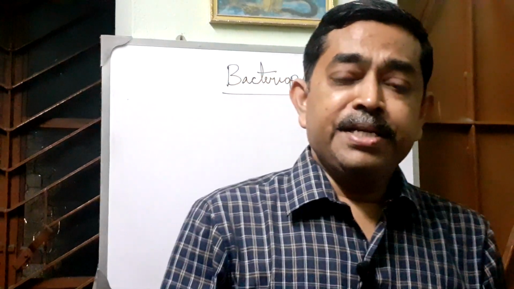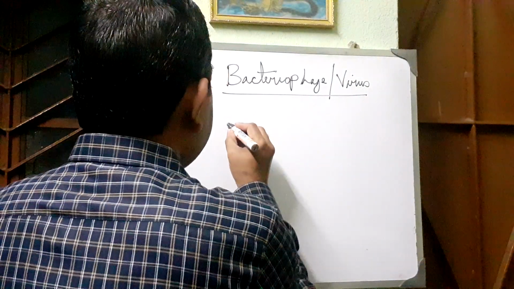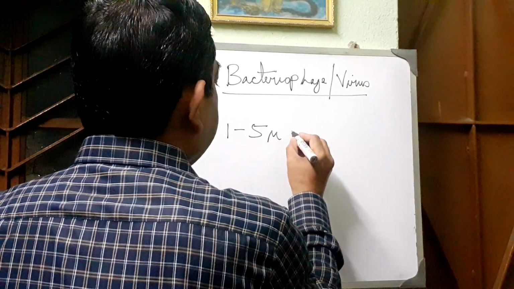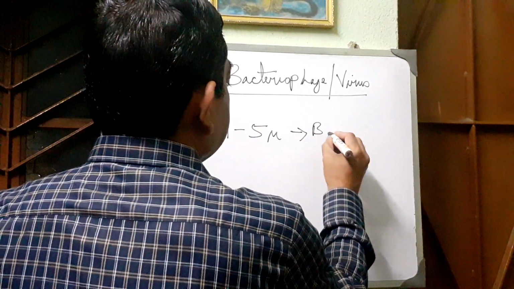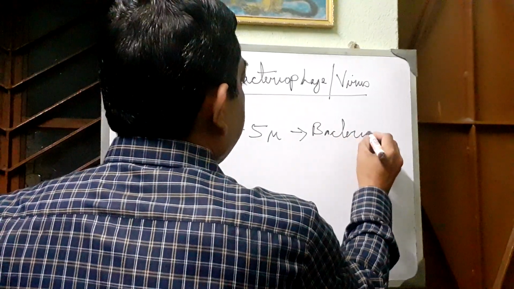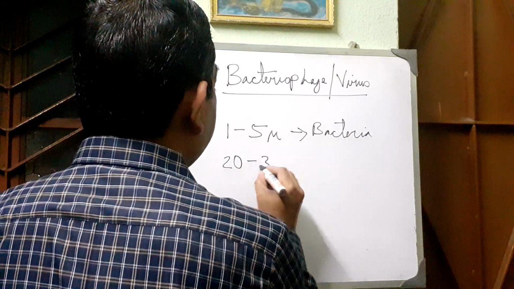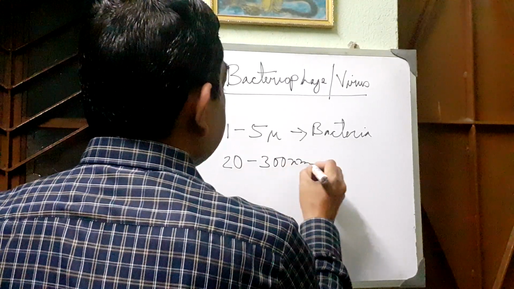I have told that a virus is a very microscopic agent. Bacteria size is generally 1 to 5 micron only, but in the case of a virus particle, the size is only 20 to 300 nanometer.